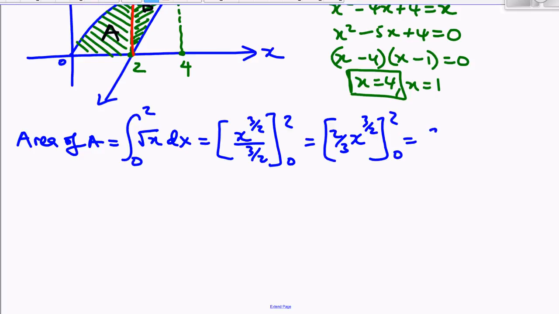That is 2 over 3 times 2 to the power 3 over 2, minus 0, of course. All right, area of B.